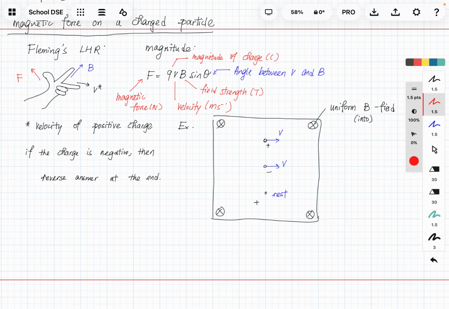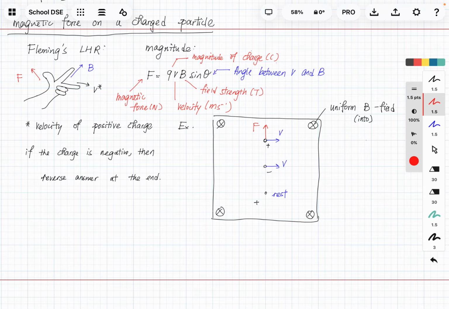So after this, we have QvB equals mv squared over r. Then one important result will be to solve for radius r. Using some simplification, we have mv squared over qvB.